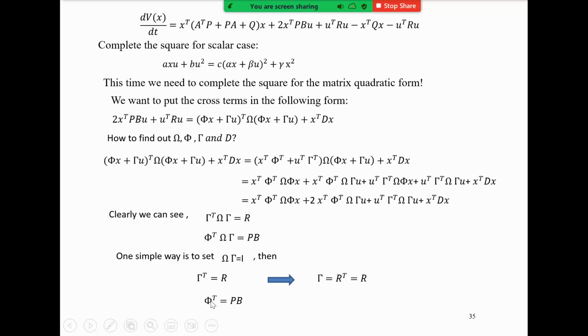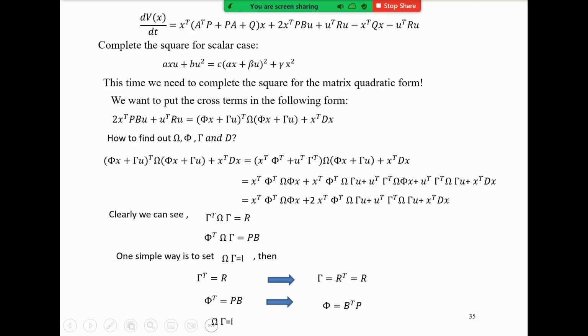Those phi transpose equals PB, right? Because this one is the identity matrix. Okay, then I get phi equals B transpose P.